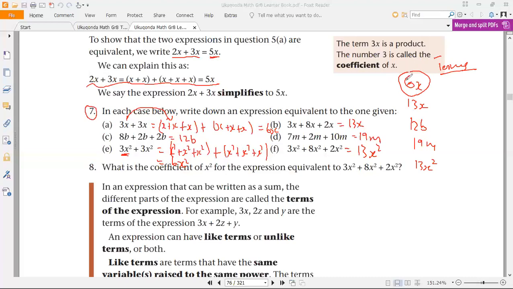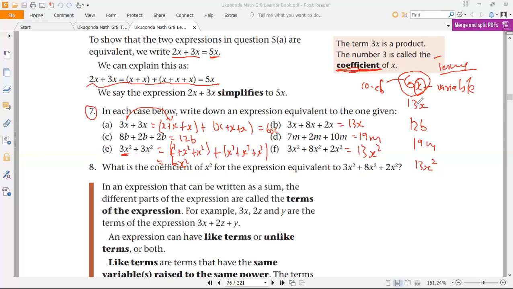A term will have what we call a coefficient. Here's the word. Let me not waste time by writing it. The term, the number. So the number will be the coefficient, and the letter will be called a variable.